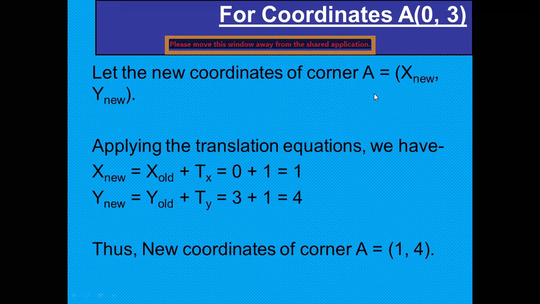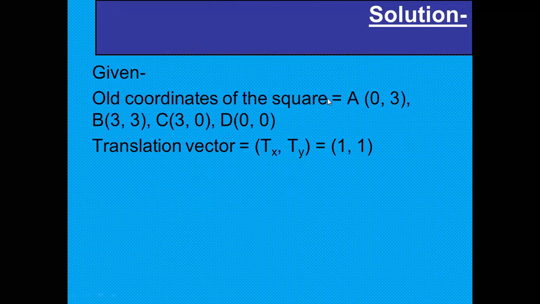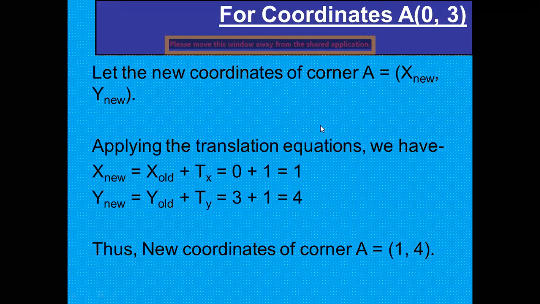Just put in the values of vertex A, the point (0, 3). Here x old is 0 and tx is already mentioned as 1, so you will get x new as 1.